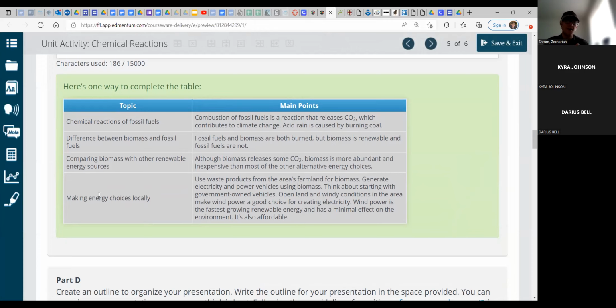We're talking about combustion. And when there's combustion, it releases CO2 into the air. And we know CO2 contributes to climate change.